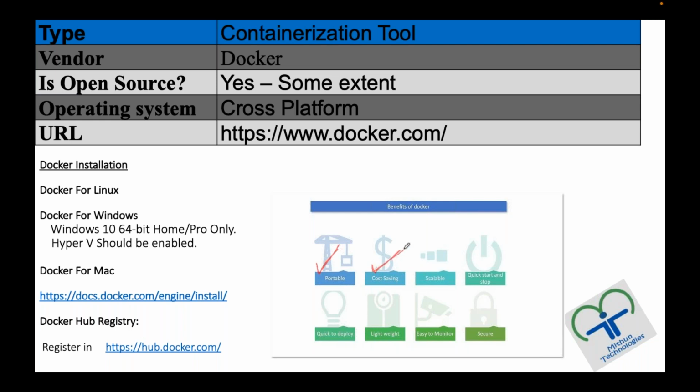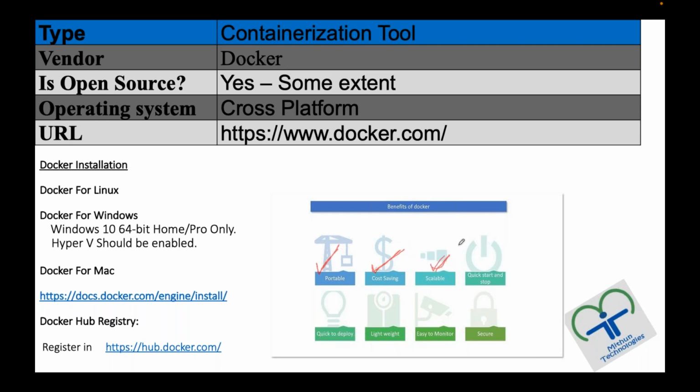Will I be able to utilize my system resources more efficiently compared to virtualized deployment? In containerized deployment, I can utilize my system resources more efficiently. Do I need multiple operating systems to run multiple containers? Not required.